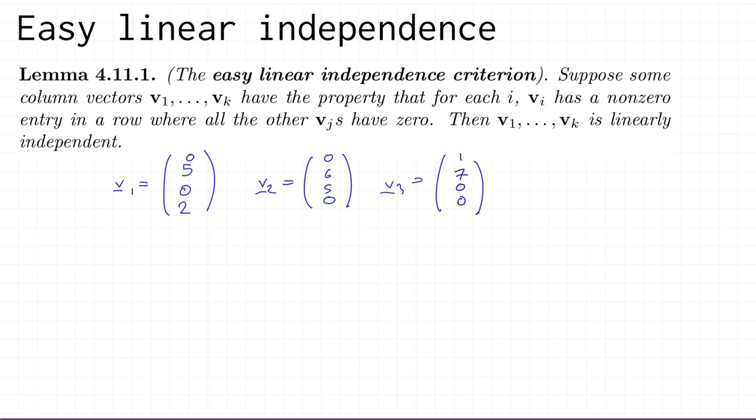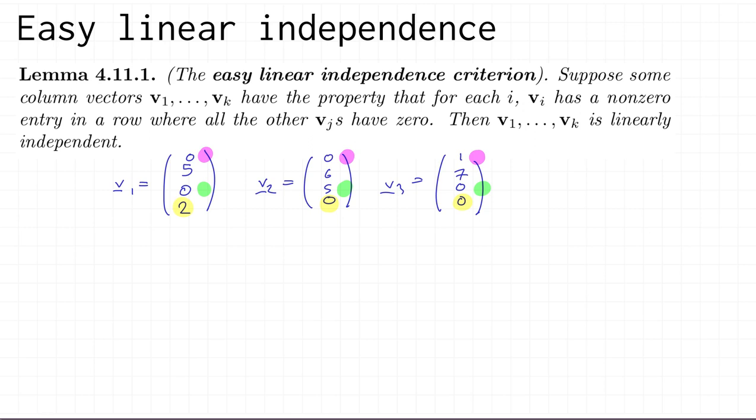Now there is an entry in v1 which is non-zero in a position where all of the other vectors have 0. And there is also an entry in v2, this one here, in a position where all the other vectors have a 0. And there is also an entry in v3, this one here, in a position where all the others have a 0. So these vectors fulfill the easy linear independence criterion.